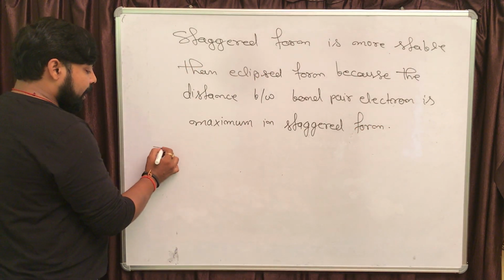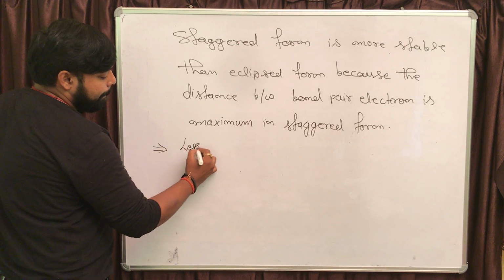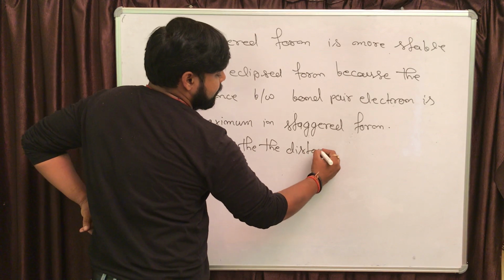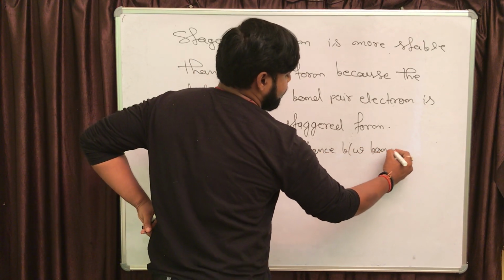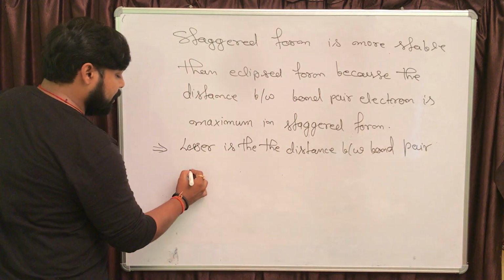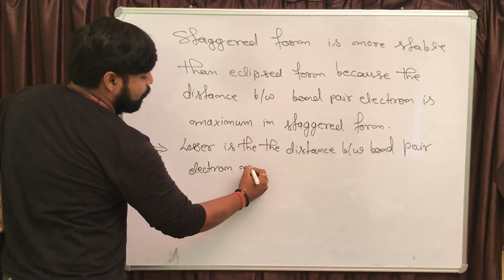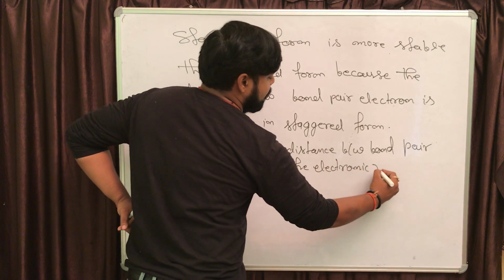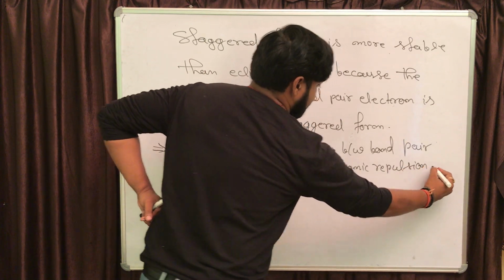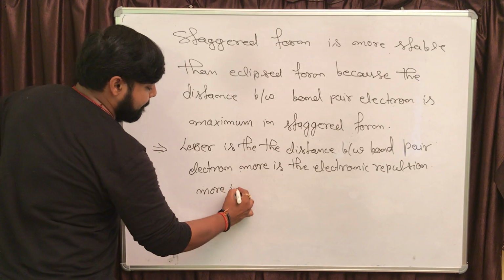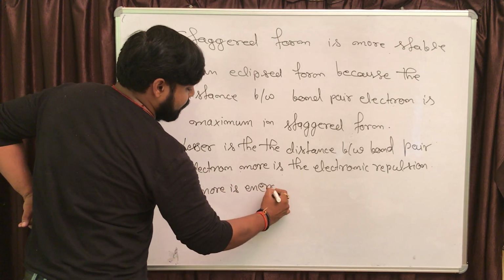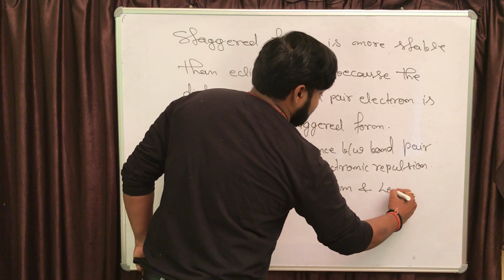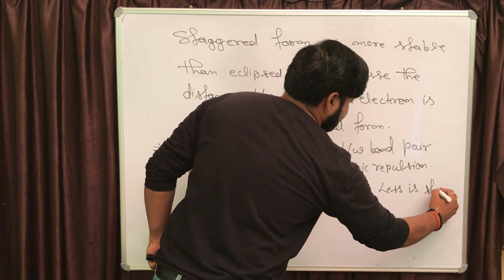One more thing you should keep in your mind, that lesser is the distance between bond pair electrons, more is the electronic repulsion, more is the energy of the system, and lesser is the stability.